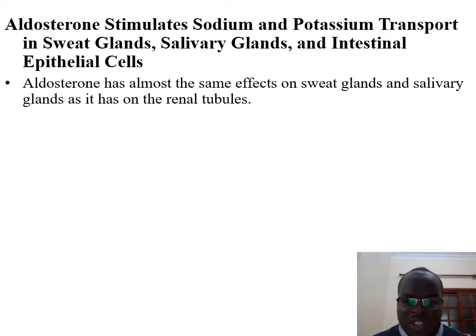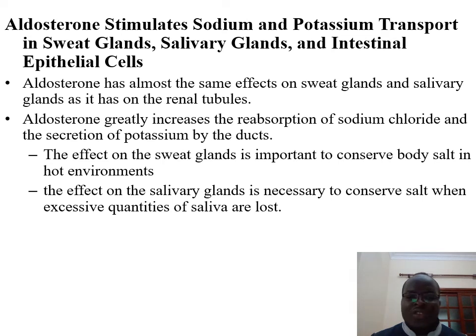Aldosterone has almost the same effect on sweat glands and salivary glands as it has on the renal tubules. Aldosterone greatly increases the reabsorption of sodium chloride and the secretion of potassium by the ducts. The effect on the sweat glands is important to conserve body salt in a hot environment.